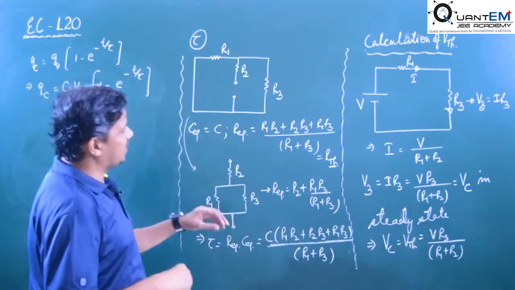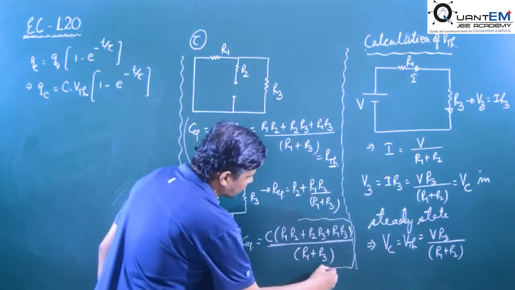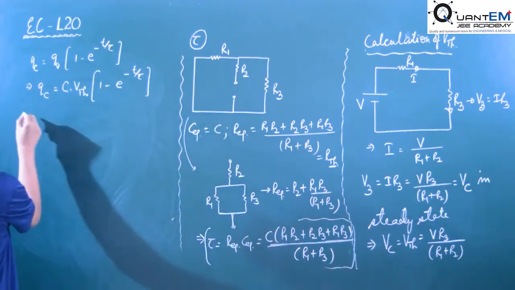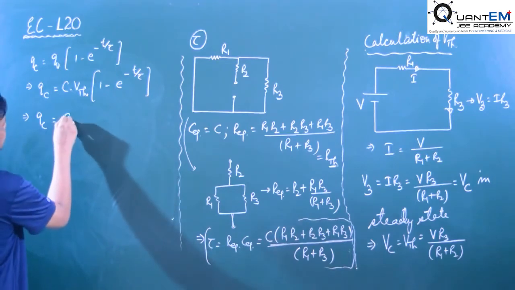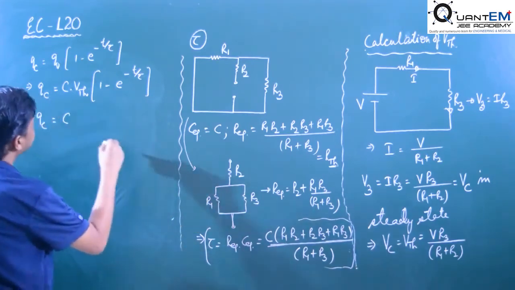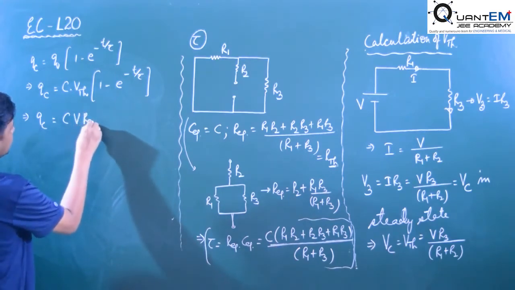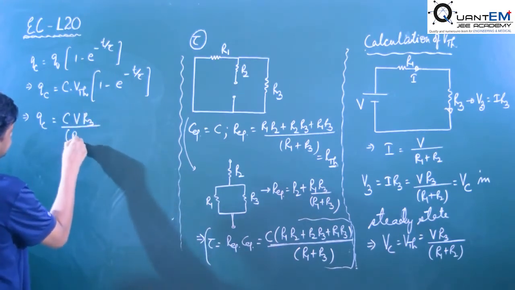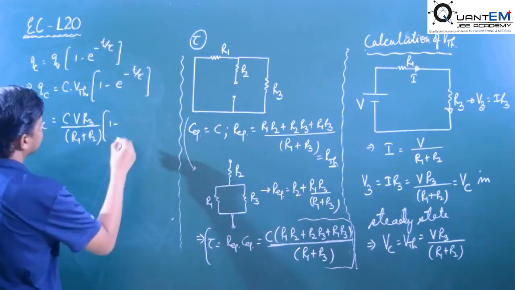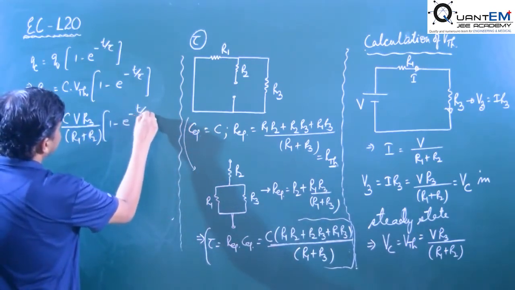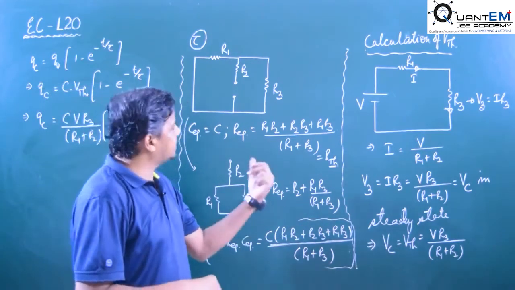The value of tau we have to take is the time constant. The charge across the capacitor is C, and the potential drop across the capacitor is V R3 divided by (R1 plus R2) into (1 minus e to the power minus t by tau). Tau is in terms of C and the resistors in the circuit.